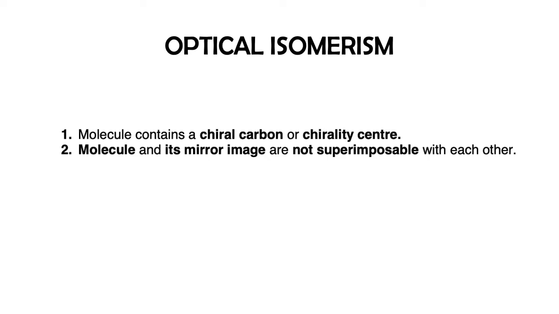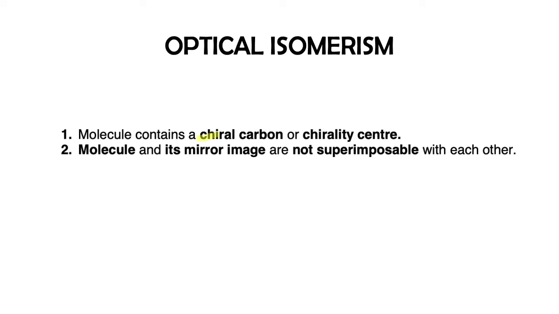Okay. Now, the characteristics of the substance. Like I said, not all substances can exhibit this optical isomerism. They have their own characteristics. So as you can see, there are two requirements here. The first one, the molecule should contain a chiral carbon.